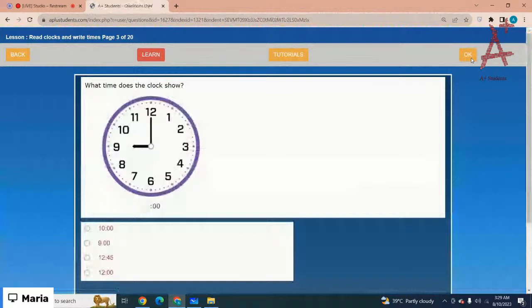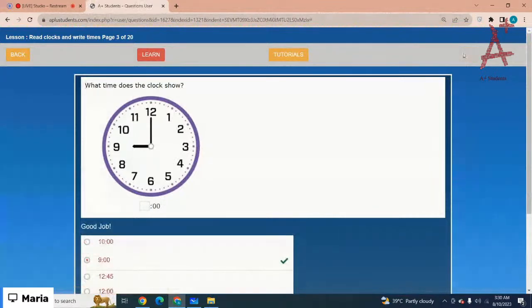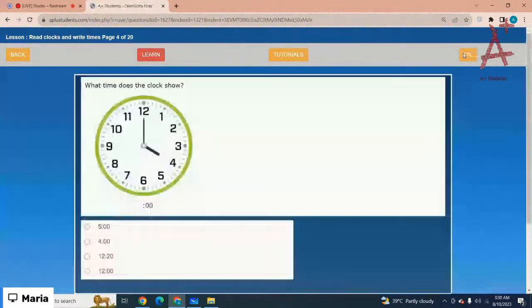So the correct option is 9. Okay, what time does the clock show? So which is the correct option?